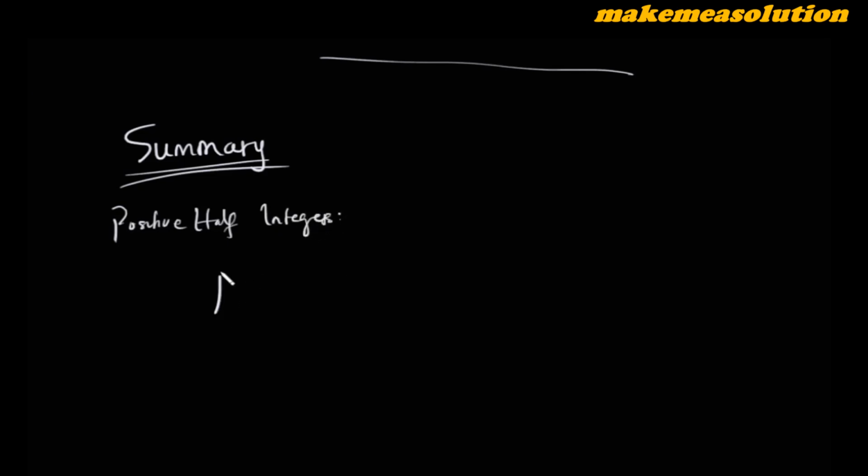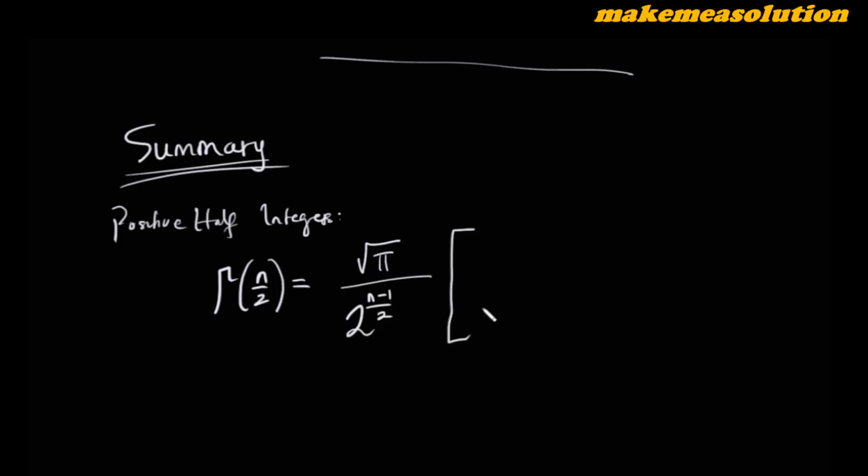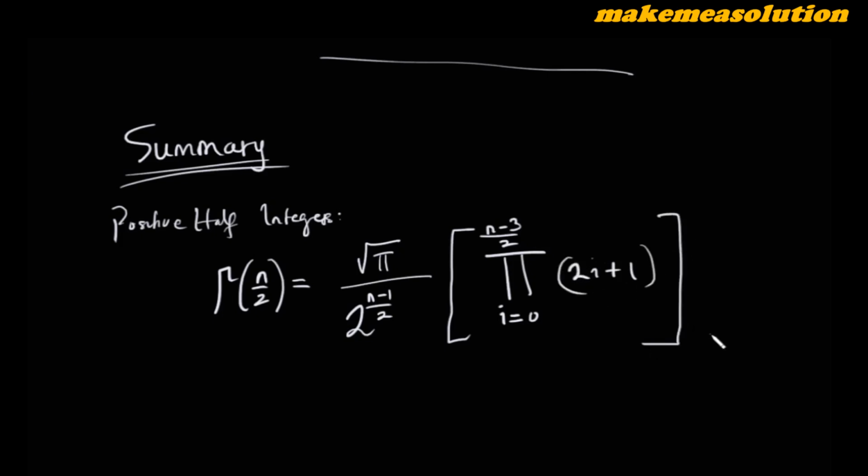The summary is that gamma of n over 2 is given to us as root pi times n divided by 2 raised to the power of n minus 1 over 2, and we now have the product operator from i equal to 0 to n minus 3 over 2 of 2i plus 1. So this is valid for n greater than or equal to 5.